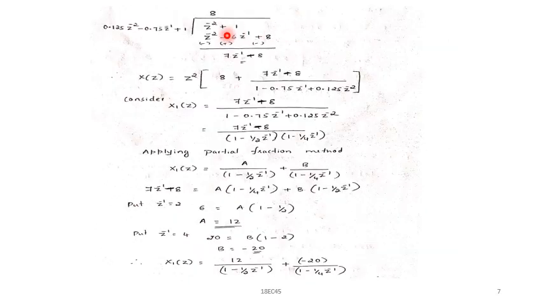So I'll write (z^-2 + 1) divided by (0.125 z^-2 - 0.75 z^-1 + 1). So I have to cancel this z to the power minus 2. To cancel using this particular term, I'll take here 8, because 8 into 0.125 I'll get 1, right?